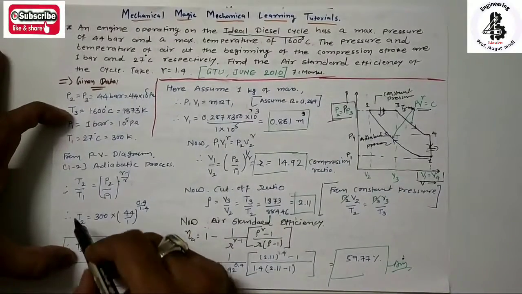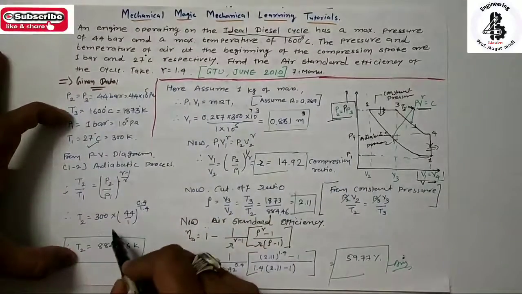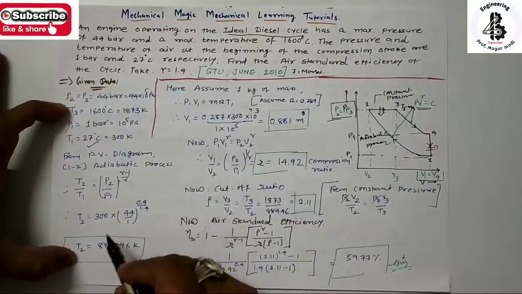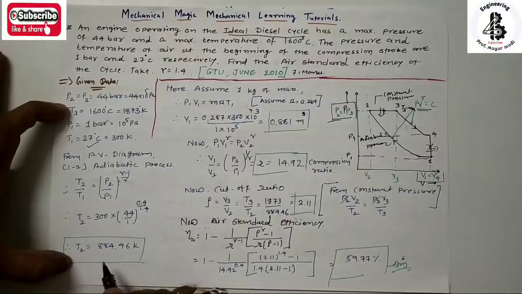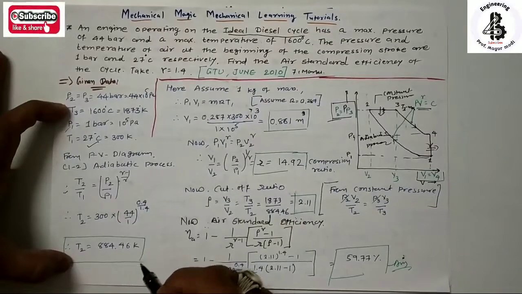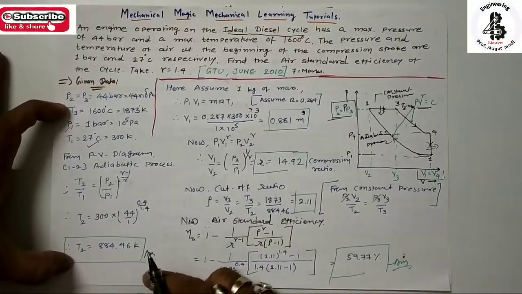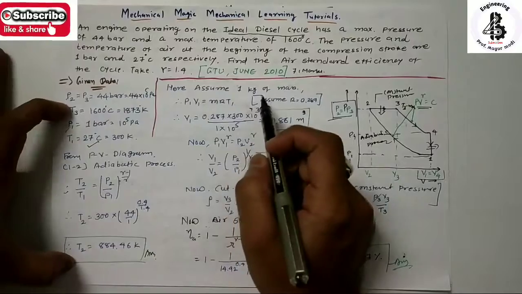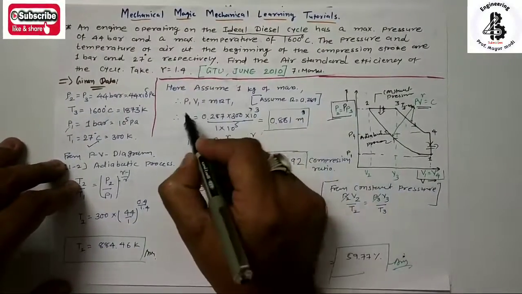You can put the value of T1 and P2 and P1, and you will find the T2 temperature, which is 884.46 Kelvin.